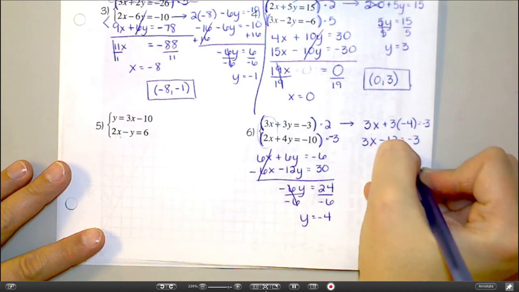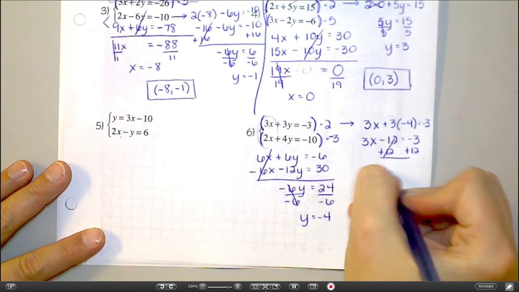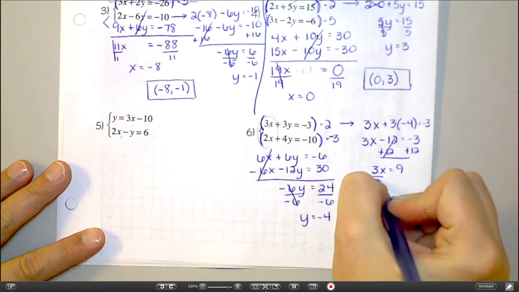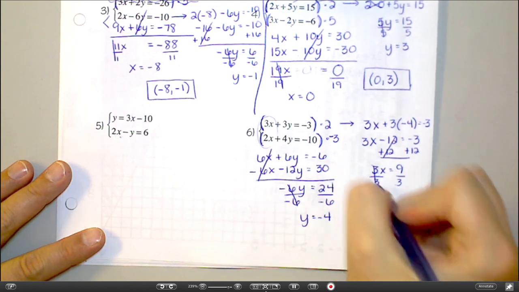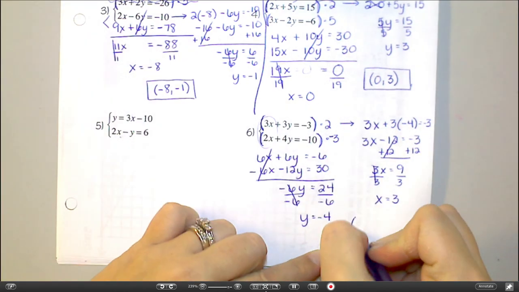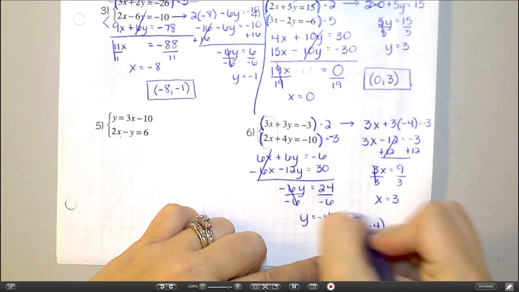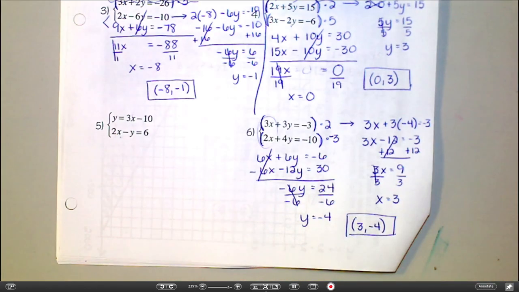Add the 12. So I end up with 3x equal to 9. Divide. X equals 3. So the coordinate would be 3, negative 4. Good? Okay.